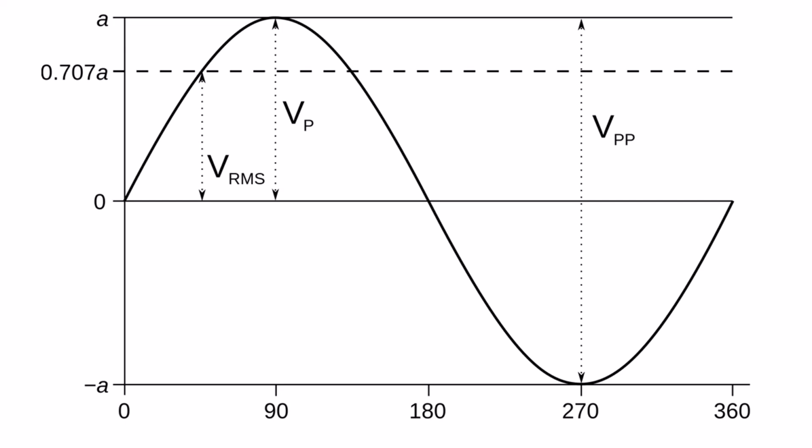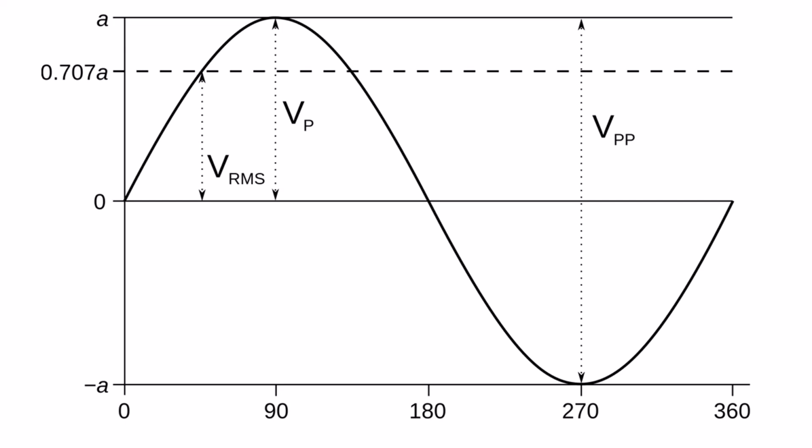So it alternates. The voltage level never stays constant. So you could talk about a peak voltage, which is the highest voltage value that it reaches, from zero to the peak is the peak voltage. Peak to peak is from the minimum value or the lowest value that the voltage reaches in negative range to the highest value in positive range, which it turns out to be just double the peak value.